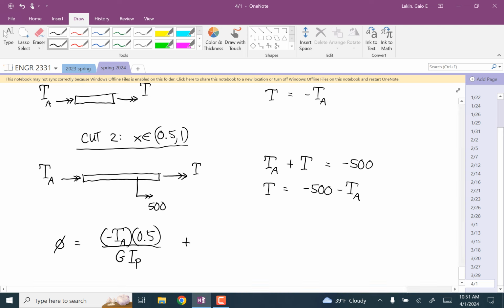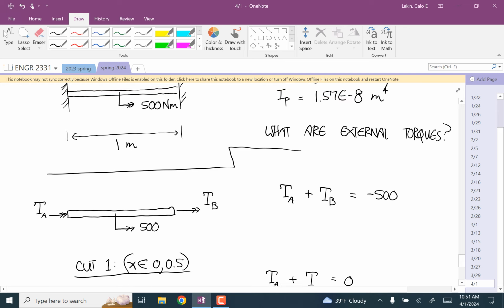Plus the angle of twist from the second part, which is negative 500 minus TA times 0.5 divided by G I sub P.